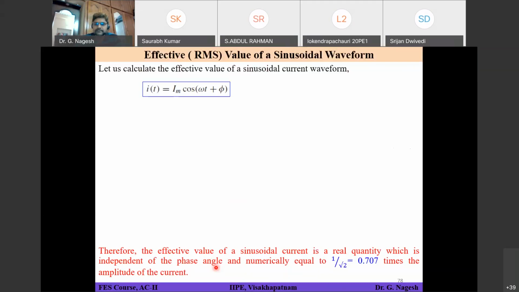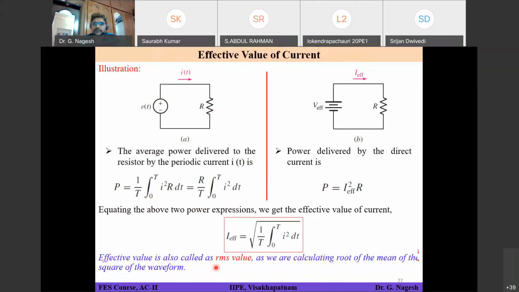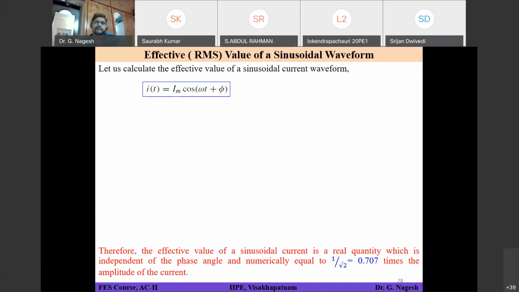We have seen just now the expression: I effective is root of 1 by T integral 0 to T I square of t with respect to dt. So simply substitute I of t, what I have given here, in that expression and try to solve it and find out the effective value of your periodic current.